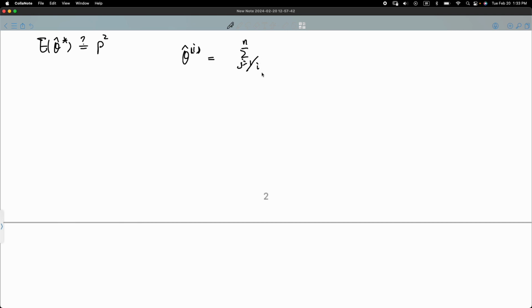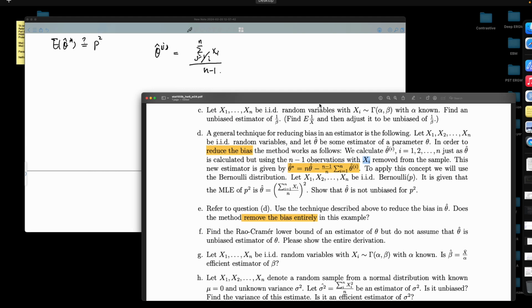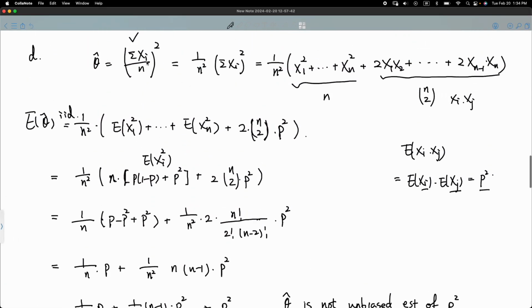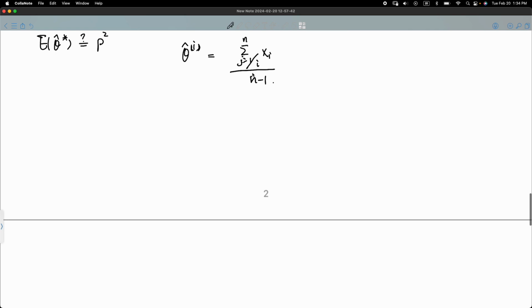And then for xi, if you want to be rigorous, then you can write it in that way, but up to you. And then over n-1. Here I'm just using a mathematical formulation to say that you calculate the estimator using n-1 observations by removing the ith sample, so that xi is removed. Previously it was the summation of xi over n, but here we are using the summation of xi with i removed, divided by n-1.